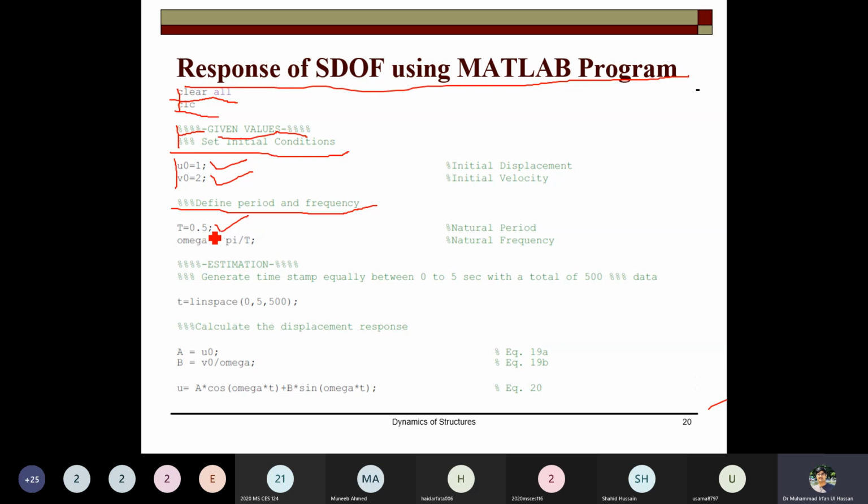So the time period is 0.5, and omega you can compute, the angular frequency. What is the formula? 2 pi over T. So how will you write it in MATLAB? Use an asterisk for multiplication, and for pi you can straight away write pi, so MATLAB will pick the value of pi. And the time period is given, so what will come out? Omega. So the time period is computed, and the natural time period and the natural frequency will come out.